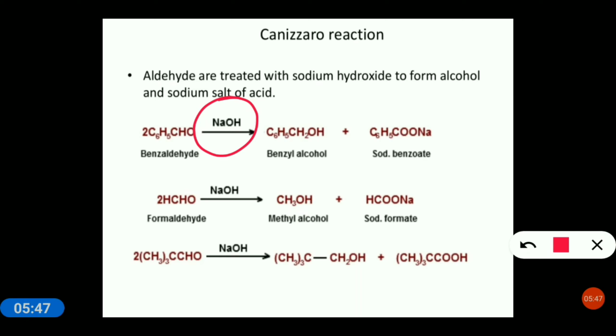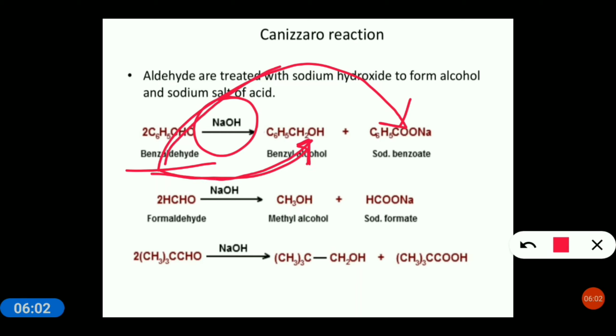So if two molecules are there, one molecule gets reduced and the other molecule gets oxidized. As you know very well, aldehyde on reduction gives alcohol and aldehyde on oxidation gives carboxylic acid. You will not get the carboxylic acid exactly because NaOH is there, so the acid reacts with NaOH and forms a sodium salt.